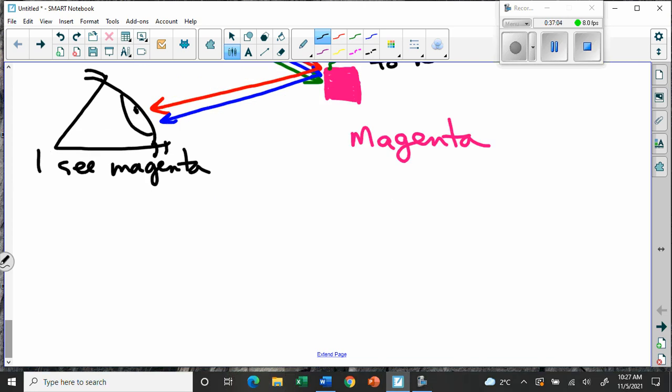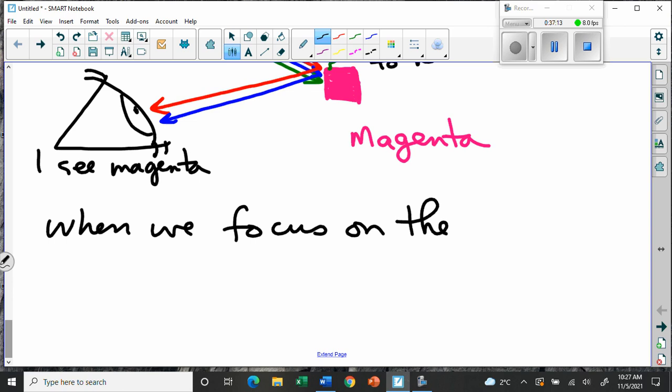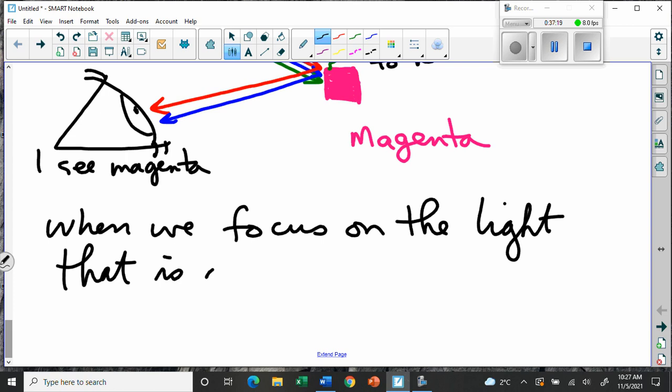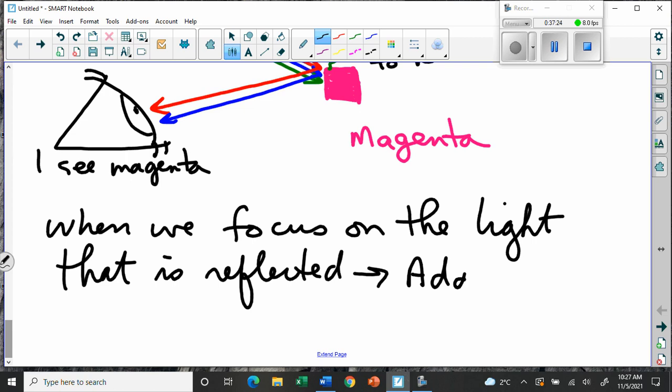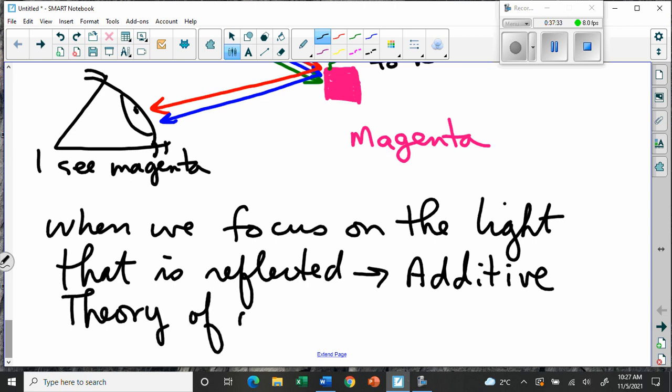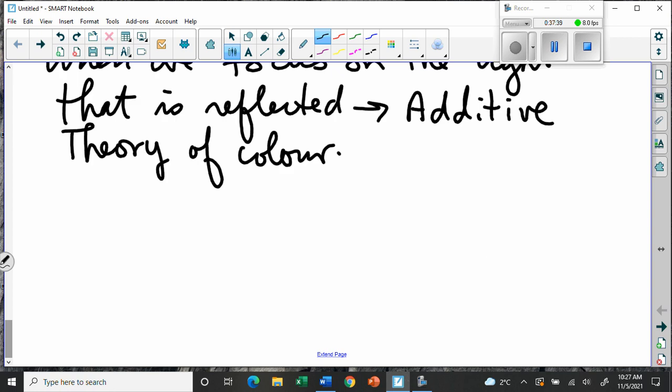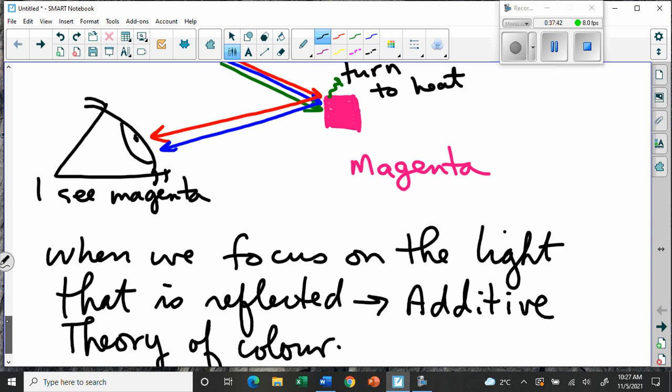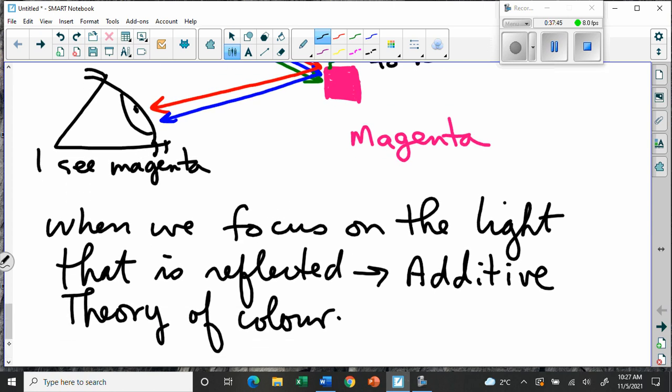When we focus on the light that is reflected, we call that the additive theory of color because we're adding light together. The additive theory of color, okay? When we focus on light that is reflected, we call it the additive theory of color.